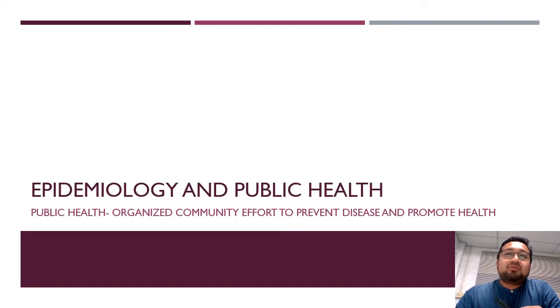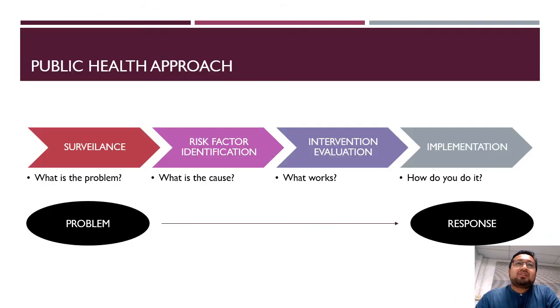Okay, so we go to the next subtopic, epidemiology and public health. In the public health approach, when we do a public health study, first we identify the problem and then we want to respond to the problem. To do that, there are steps or approaches that we have to follow.